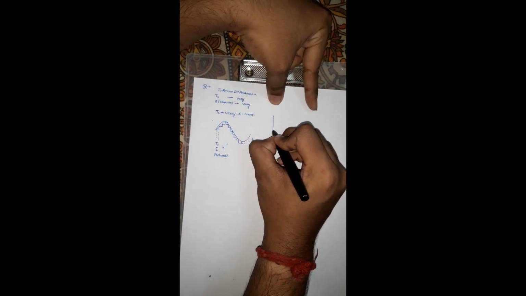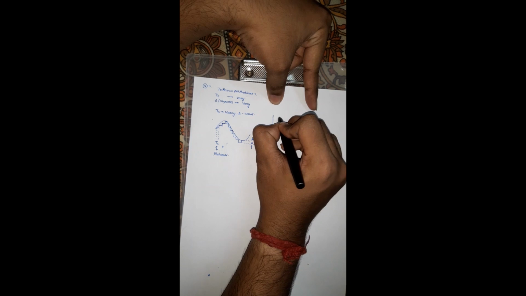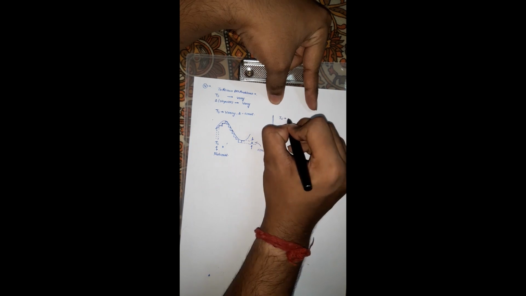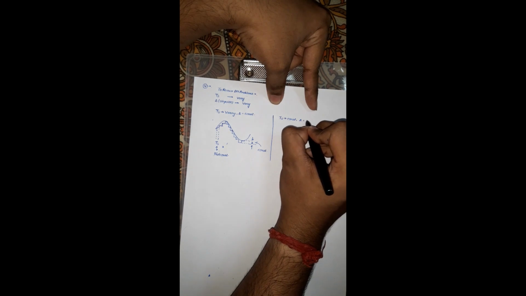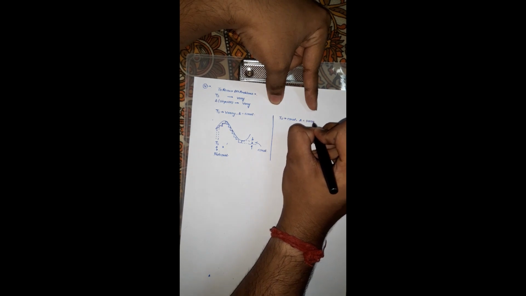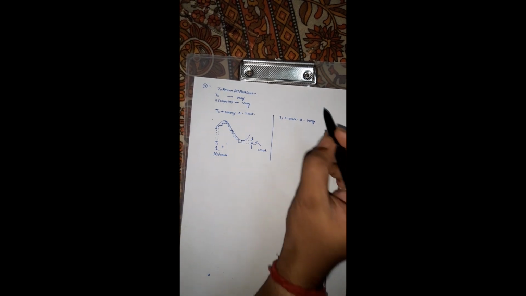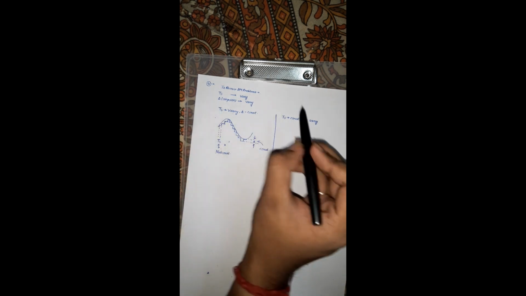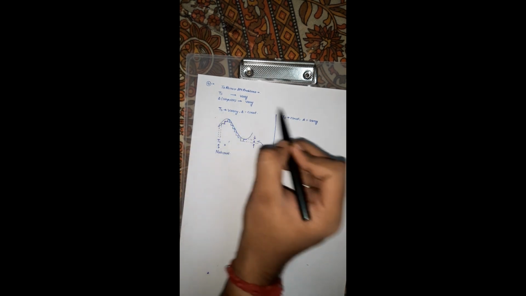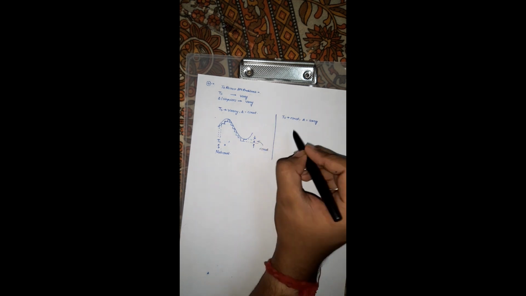Or we can do one thing. We can make TS constant and vary the delta. What will happen at that time? Let us see. Using both ways, either you vary TS or you vary delta, you can recover from this problem.